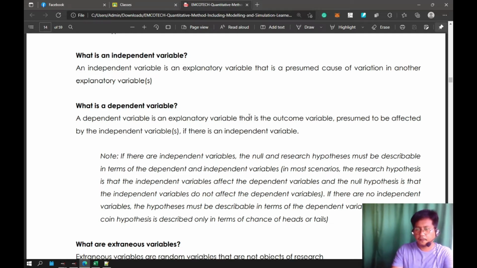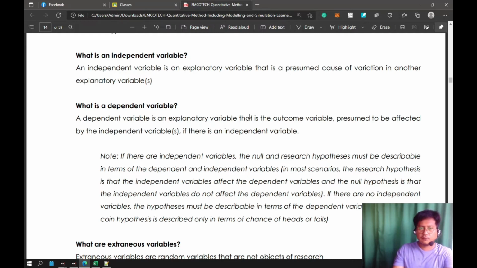So the dependent variable is the number of heads and the number of tails as a result out of 20 tosses of that fair coin. It depends on the luck and on how many times the toss is performed.